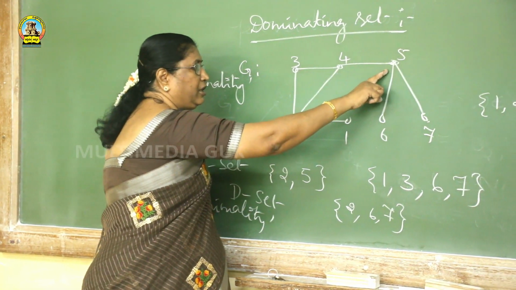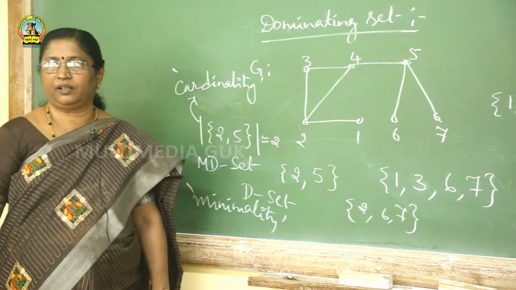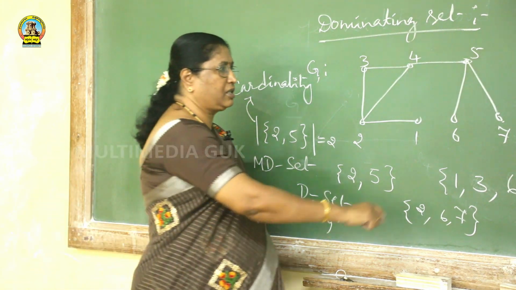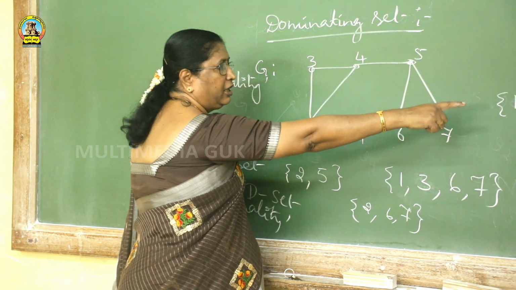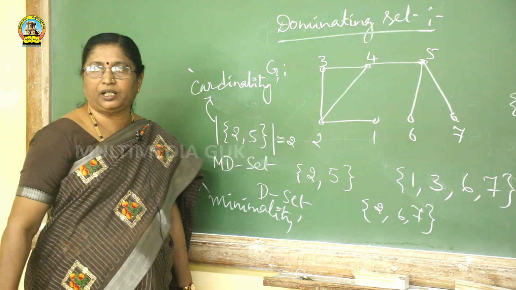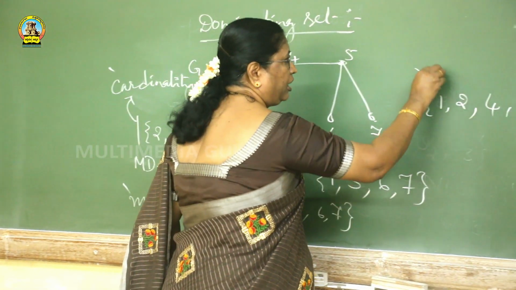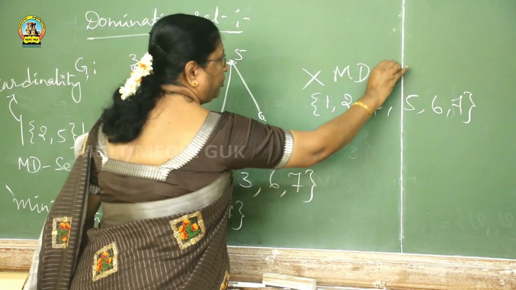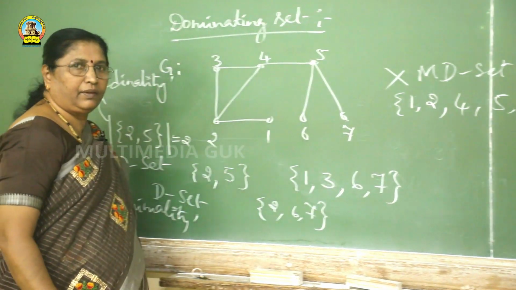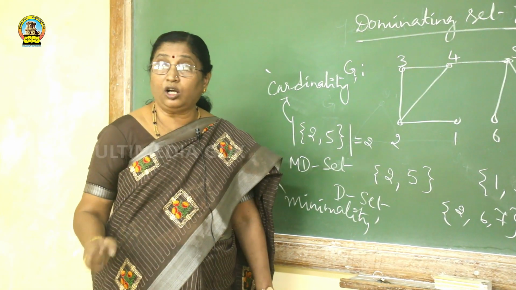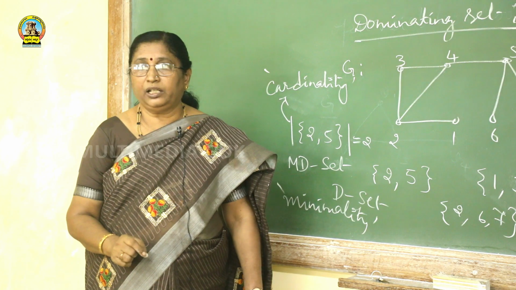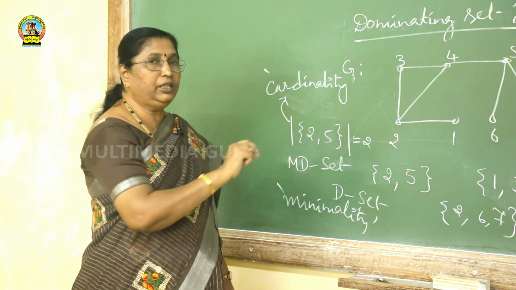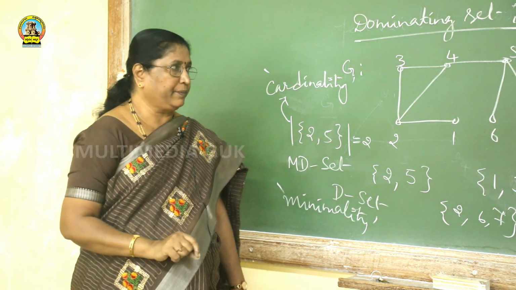The vertex 5 is there for dominating 6 and 7. If you remove 6 from that set, it is not losing the domination property. So this cannot be called a minimal dominating set. Not necessarily all the dominating sets are minimal dominating sets.